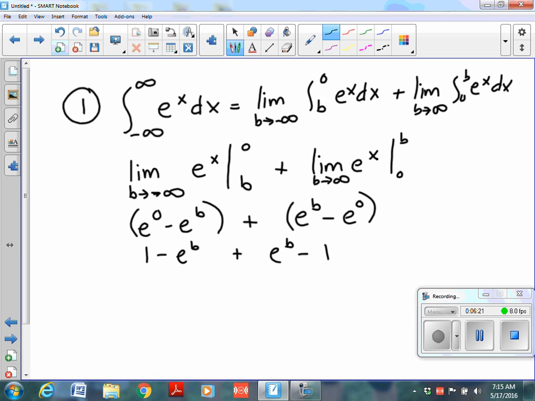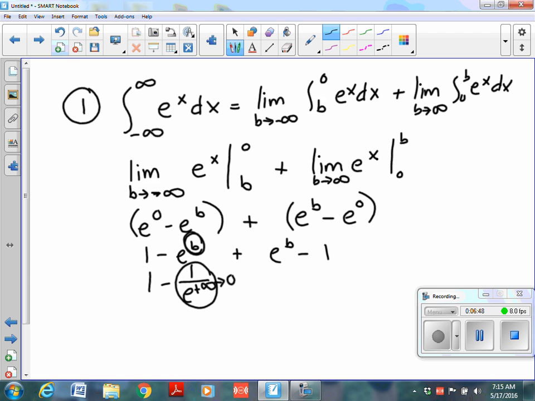When you plug negative infinity in for b right here, basically what do negative exponents make? They make fractions, like 1 over e to the infinity. As e is getting bigger and bigger, this is getting closer and closer to 0.